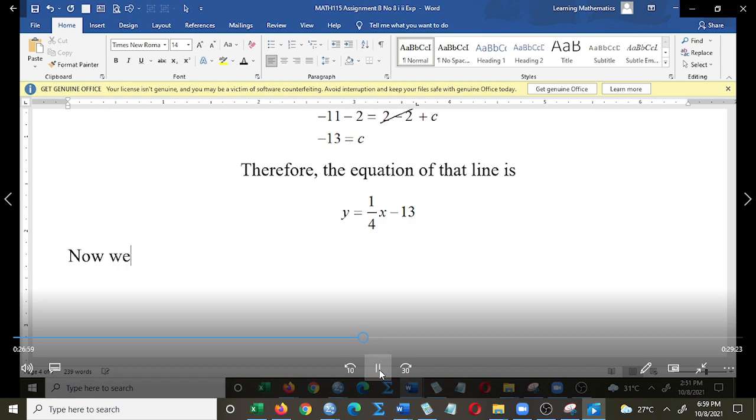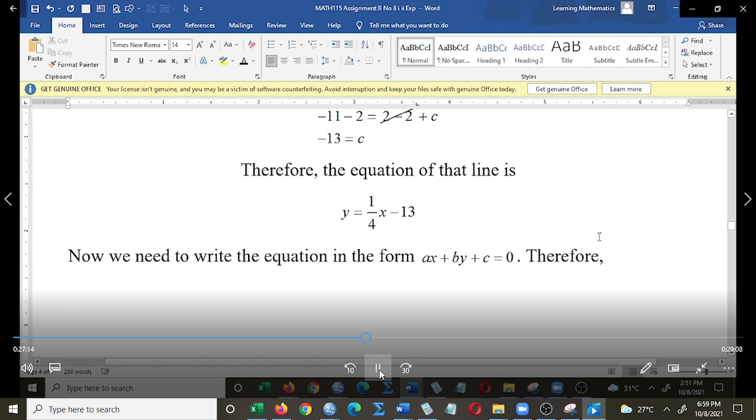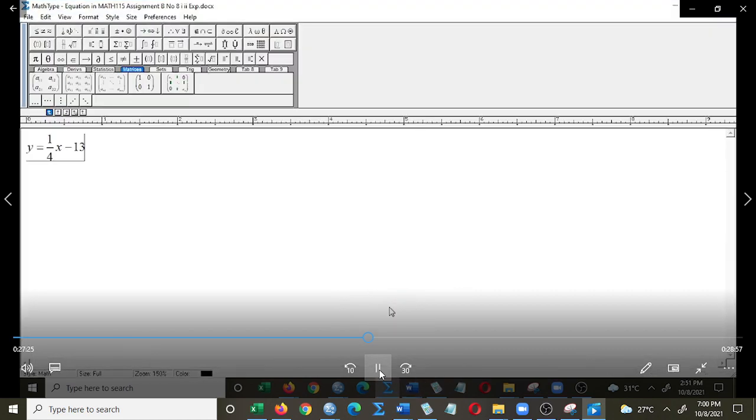Now we need to write the equation in the form ax plus by plus c equals 0. How can we do that? Can anybody help us out? What's the first thing we can do?